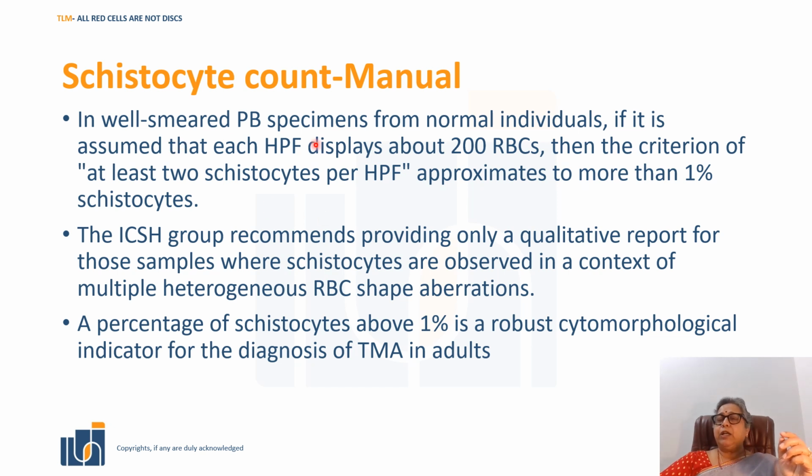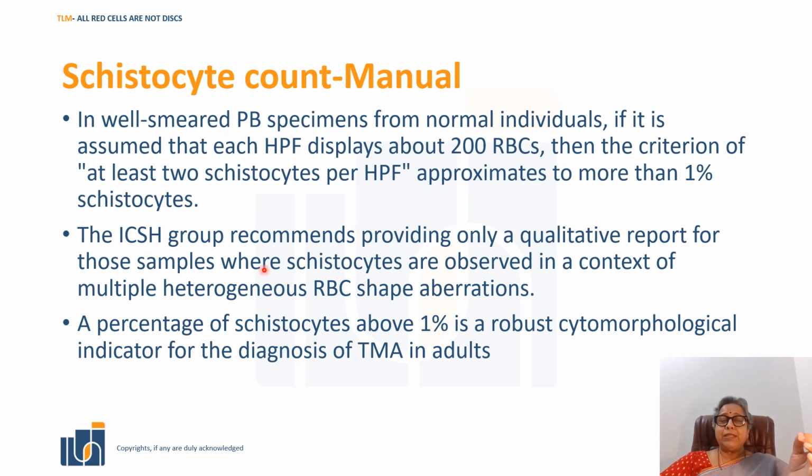Now, in well-smeared peripheral blood specimens from normal individuals, it is assumed that each high-power field displays 200 red cells. So, the criterion of at least 2 schistocytes per high-power field, and I'm talking here about 40x and not about 100x, will come to roughly about 1% schistocytes.